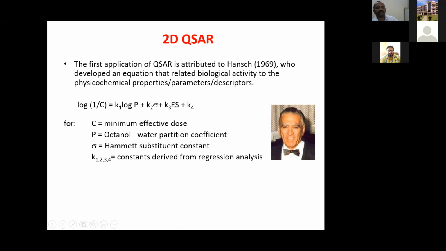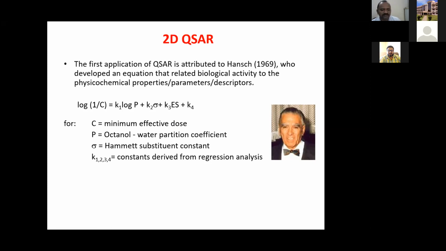If it is only one parameter, then it is a linear regression analysis. If it is two different parameters or more, then it is a multilinear regression analysis. So here log P, sigma, and steric parameters have been taken into consideration, and then they have done the regression analysis to identify the 2D QSAR equation for that particular model.